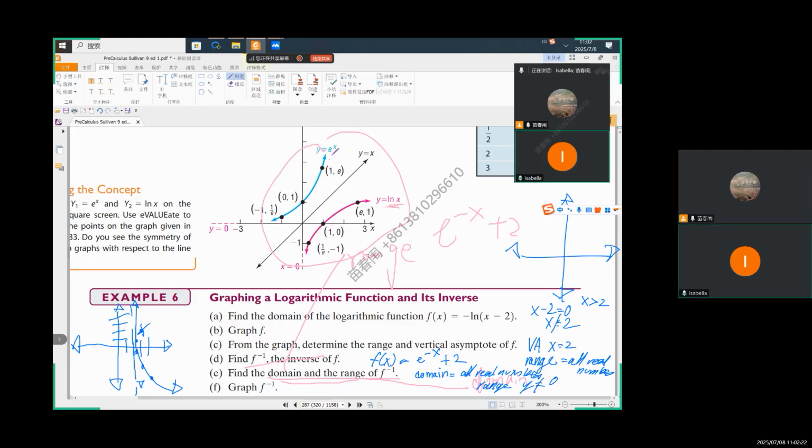Okay. Oh, we can use the graph to check E too. Yeah. Like approximately that's something.